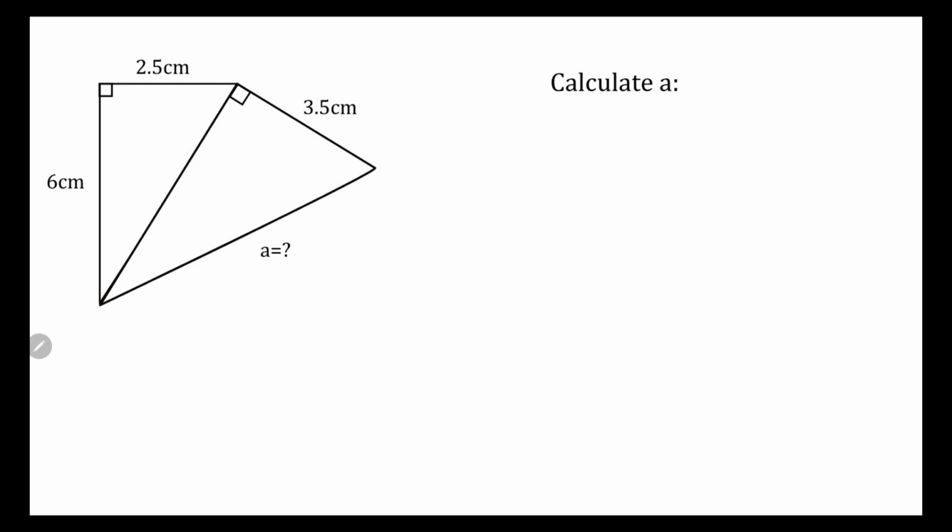So we will do it as follows. I'm going to call this x yet again. So it's going to be x squared equals the one side squared plus the other side squared. Now, 2.5 squared is equal to 6.25. And 6 squared is equal to 36.